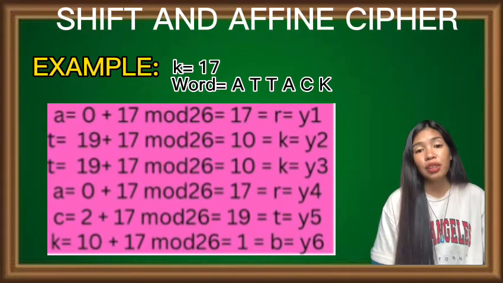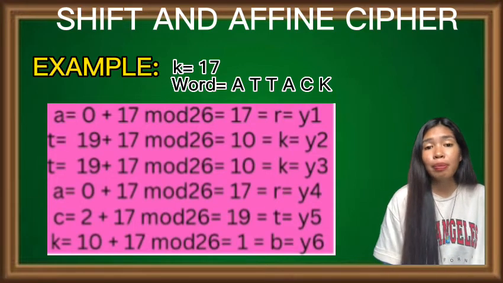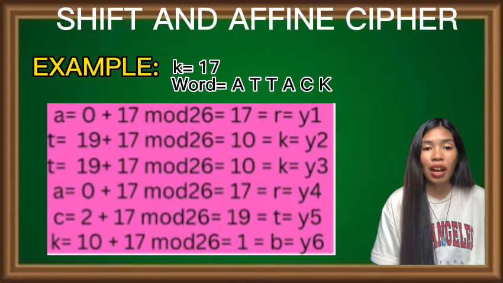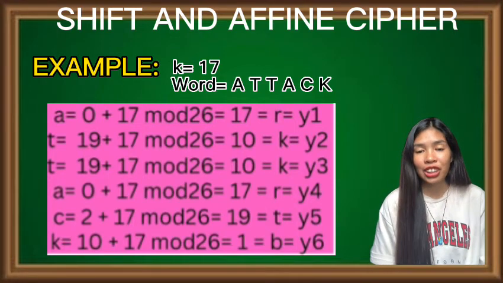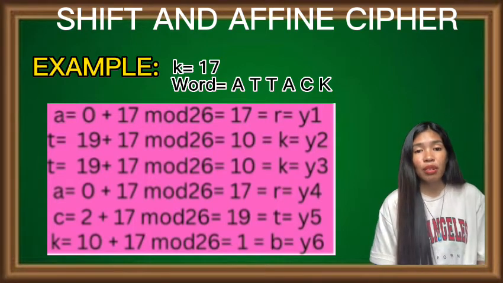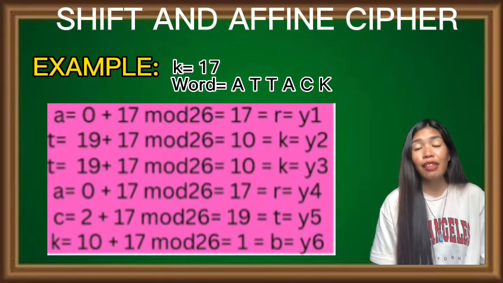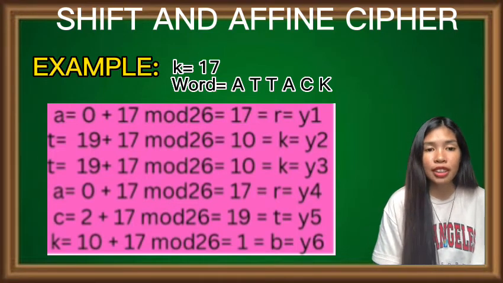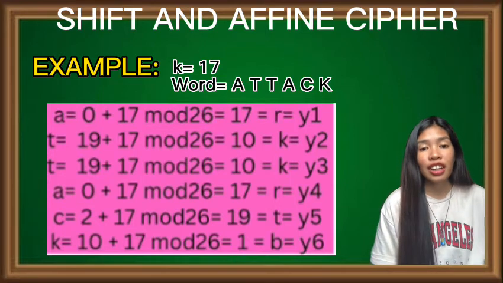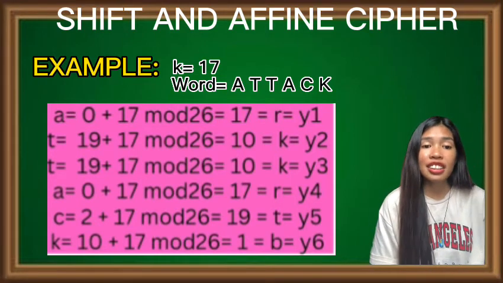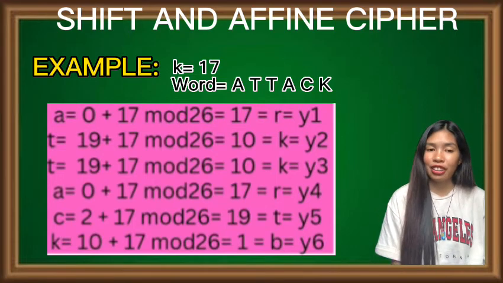After conversion, writing these as letters: on the 17th index, starting from 0, we have the letter R. The 10th is letter K. It's the same here, K, and 17 is the same R. The 19th index gives T, and the first index gives B. This is after it's been converted, and this is what we call the ciphertext.